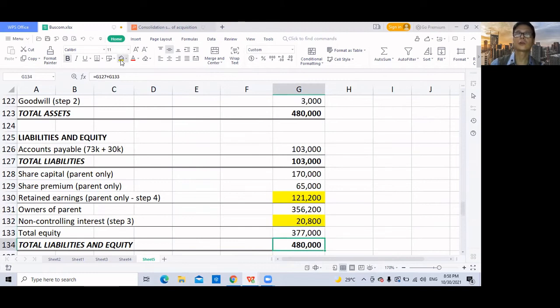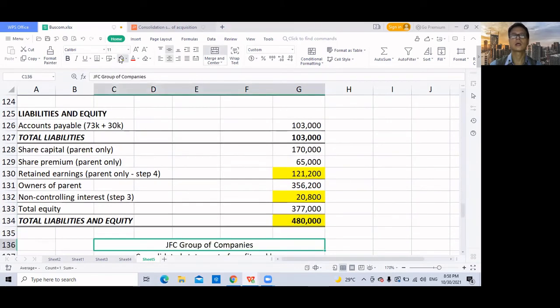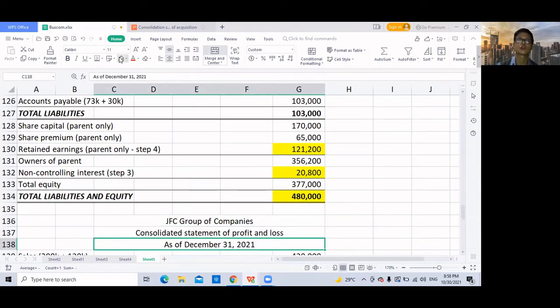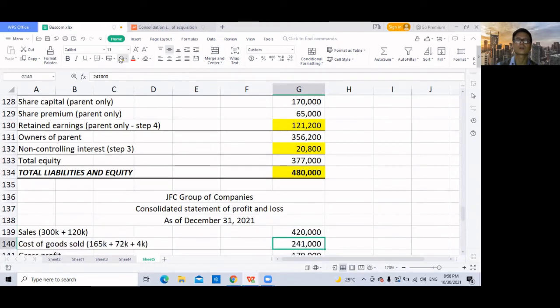When you add the total liabilities and the total equity, we have 480,000, which is the same as the total assets. Now, of course, the two basic financial statements are the financial position and the profit and loss. This is the consolidated statement of profit and loss for the year ended December 31 for the JFC group of companies.